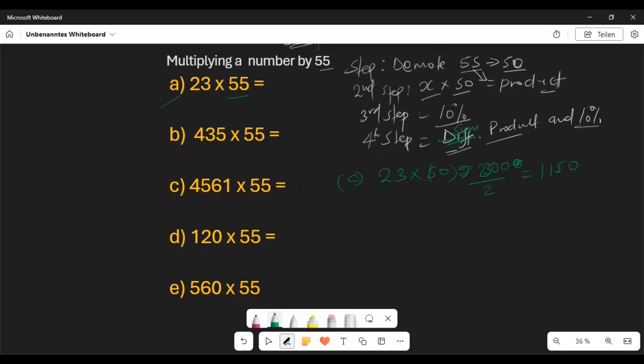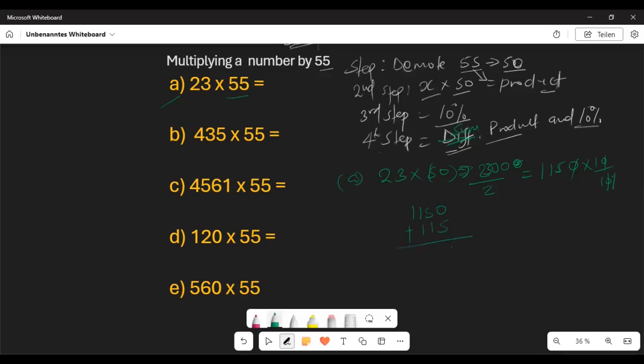You can multiply if you want, but with mental maths you can just say what is 10%, and I already see 10% there. That is 115. So we know that the product was 1,150, and then we get the sum by adding 115.